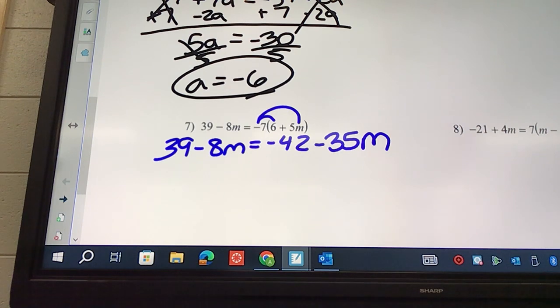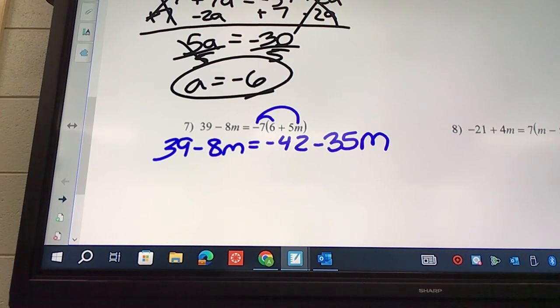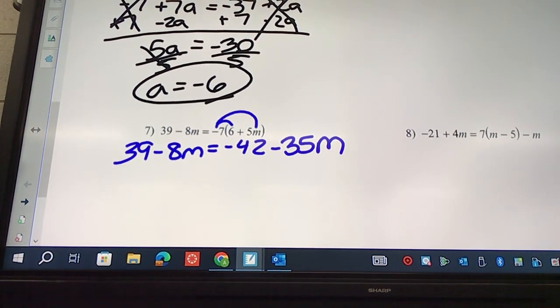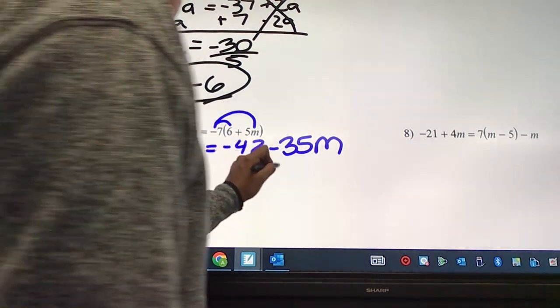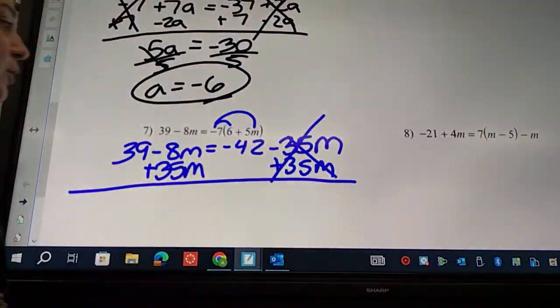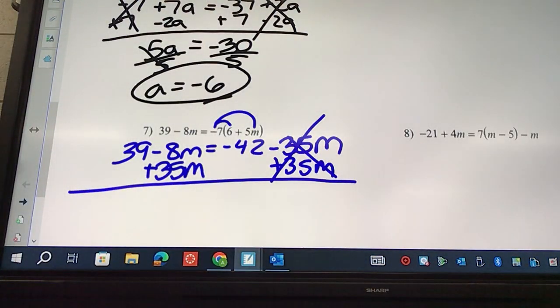Okay, and then what needs moved? 35 then? Good. What else needs moved? 39.